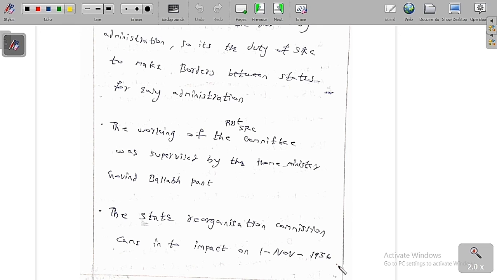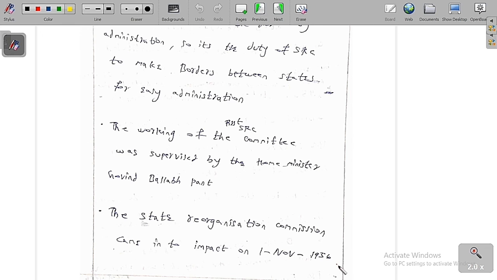The State Reorganization Commission consisted of Fazl Ali, K.M. Panikar and H.N. Kunzru. In 1955, after nearly 2 years of study, the Commission recommended that India's state boundaries should be reorganized to form 14 states and 6 union territories. This was debated in the Parliament and finally it became effective on the 1st November 1956. PM Jawaharlal Nehru appointed the first SRC, and Fazl Ali was the retired Chief Justice of the Supreme Court and the head of the first State Reorganization Commission.